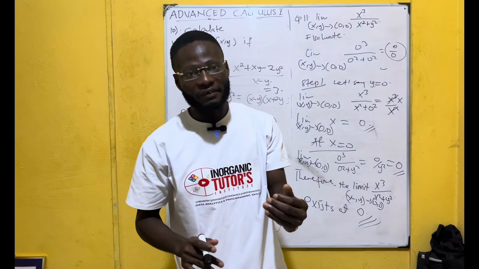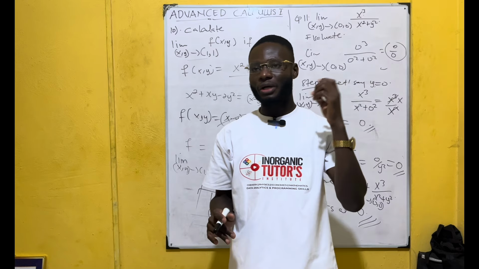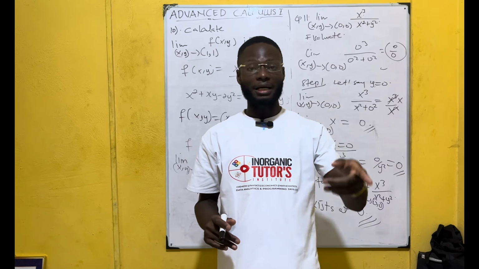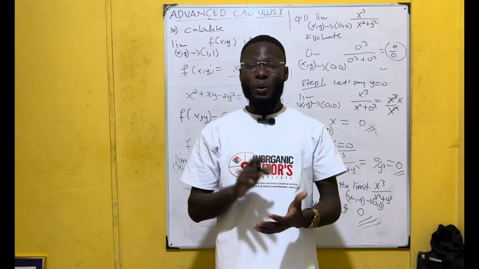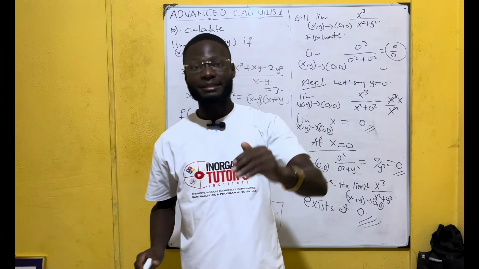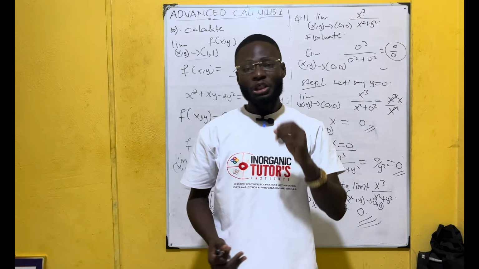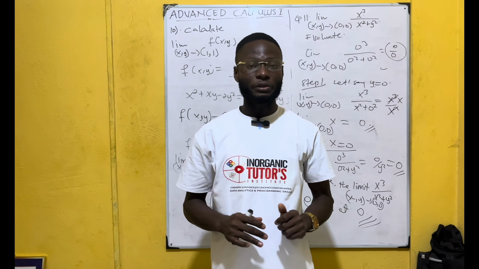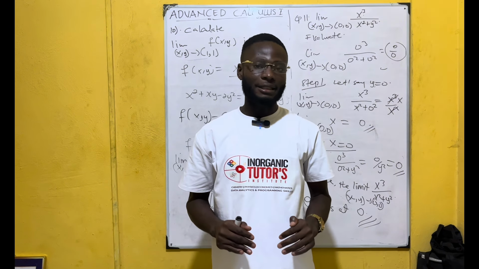Before you can use the different path approach, it means you have tried direct substitution and you are getting indeterminate, meaning 0 over 0. Once you have that, then you have the liberty to use the different path approach.